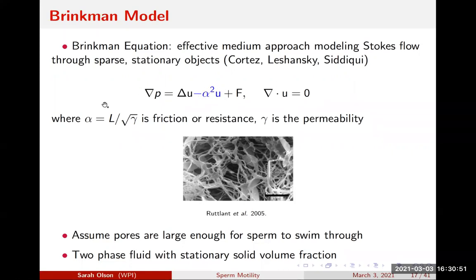We can think about this parameter alpha as being related to the inverse of the permeability of the fluid.